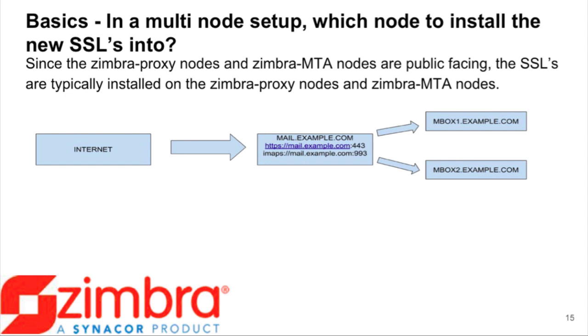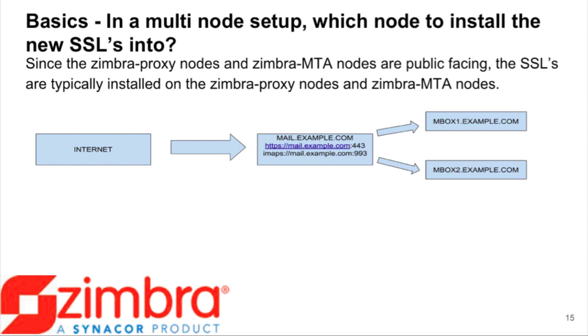And we get asked this a lot in a multi-node setup: which node to install the new SSLs onto, and usually it's the public-facing nodes like the proxy or MTA. So here's an example, my little graph here.